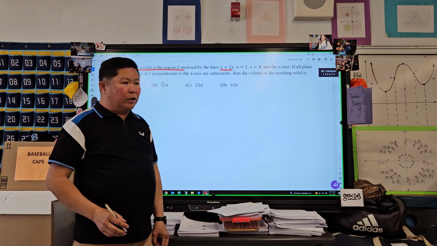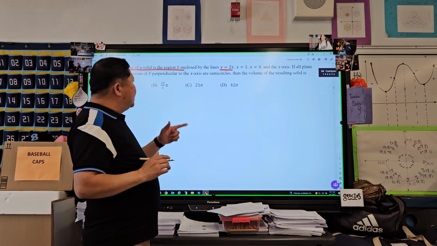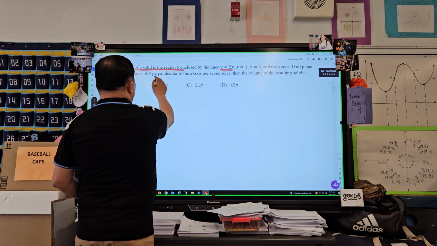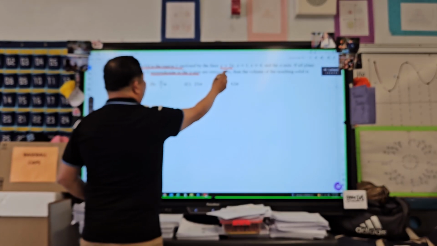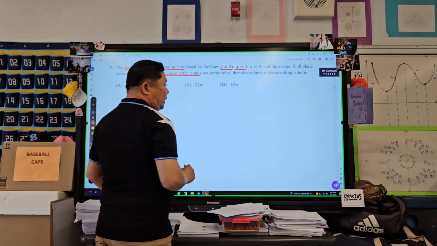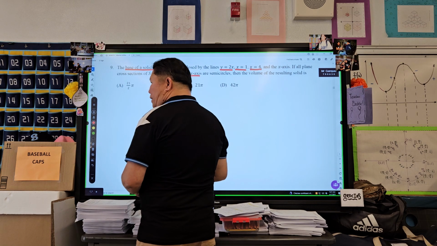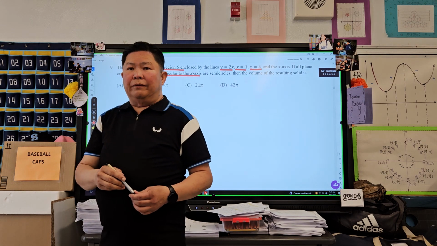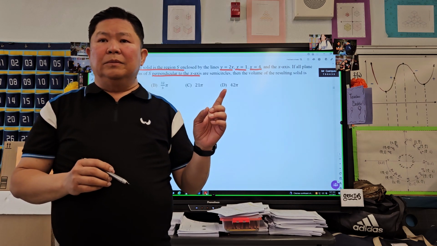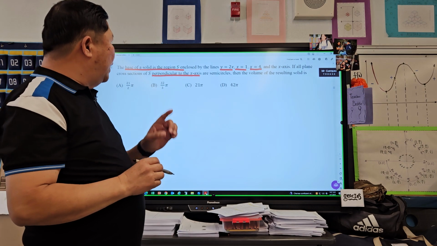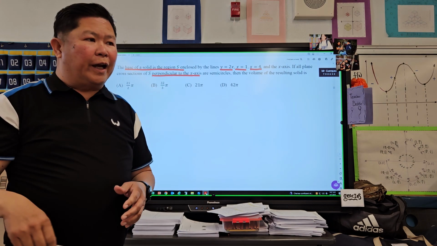and x equals 4. So basically, if this is perpendicular to the x-axis, this is now our lower limit, and this is our upper limit. That means we have the integral from a to b, which is from 1 up to 4. Is that clear, guys?